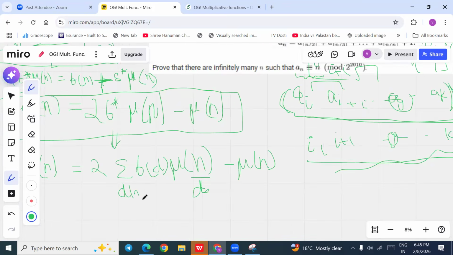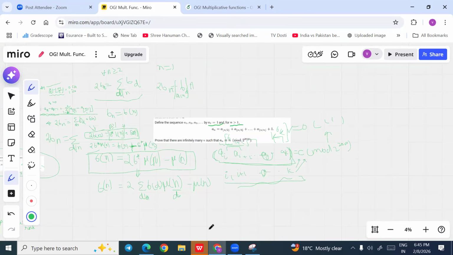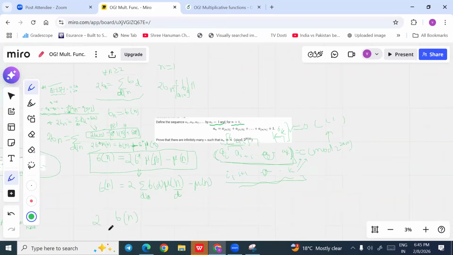After this, we would like to have b_n be divisible by 2 to some large power, because that's essentially what you want. So you want 2 to the large power dividing b_n.